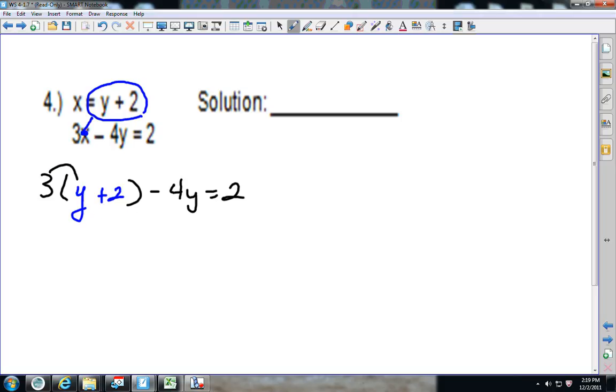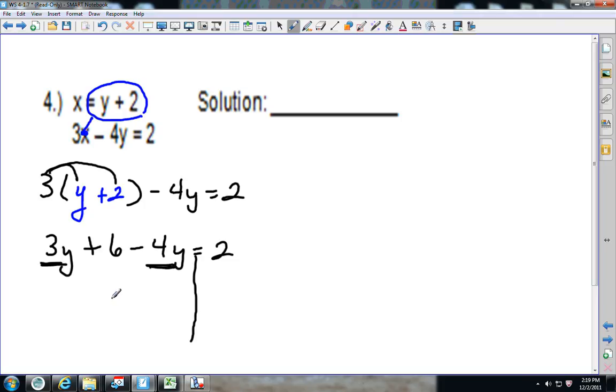All right, 3 times y, 3y. 3 times 2 plus 6 minus 4y equals 2. Put together the y's. 3y minus 4y is negative 1y plus 6 equals 2. Subtract 6 from each side. Negative 1y equals negative 4. My y cannot be negative though, so I need to divide by negative 1.